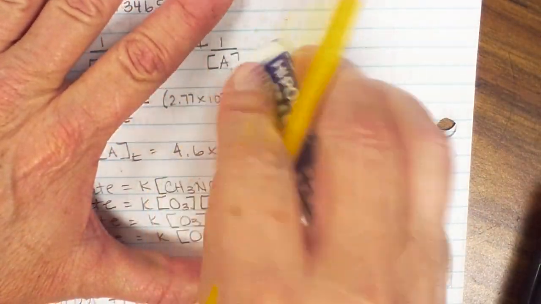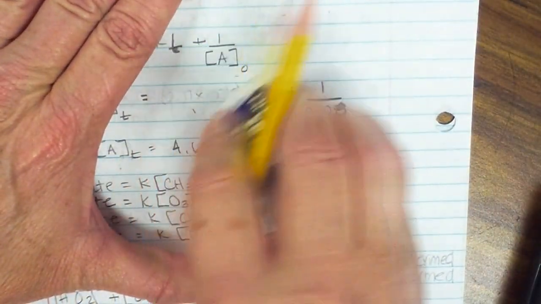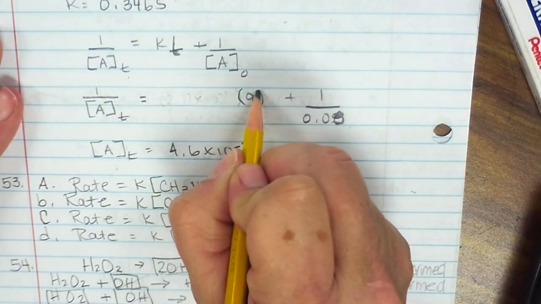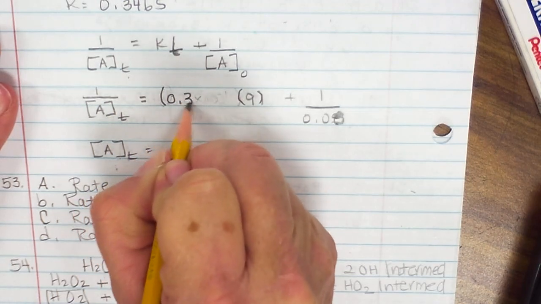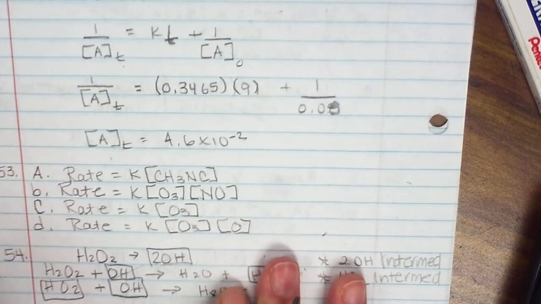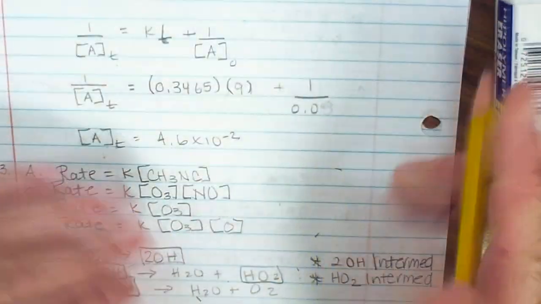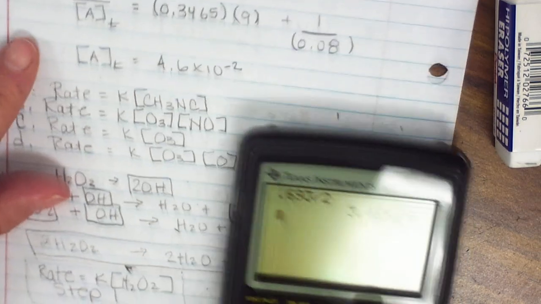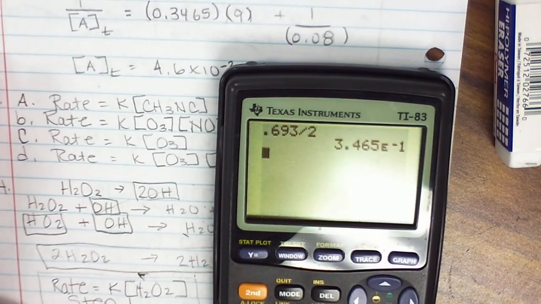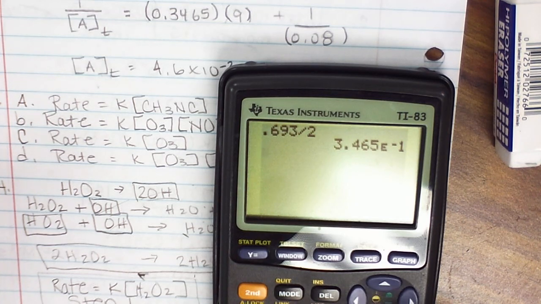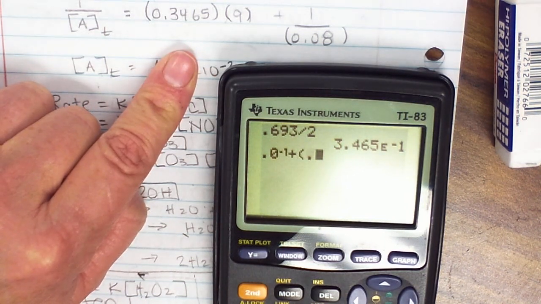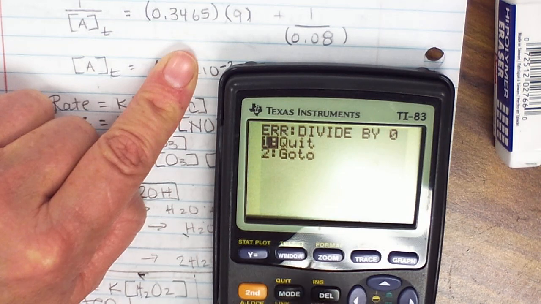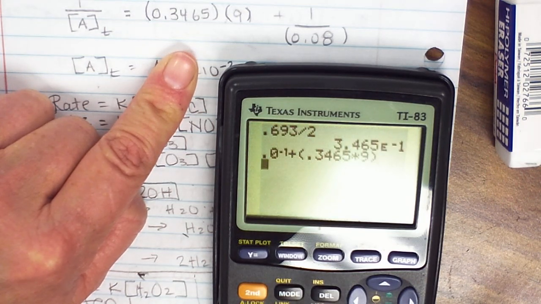So plugging everything in with t being 9, because the question is at 9 seconds, which is off the graph, what are we going to be at? Okay, so oh, it didn't work.